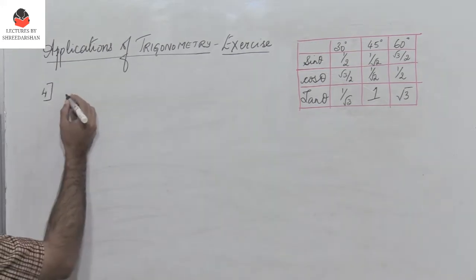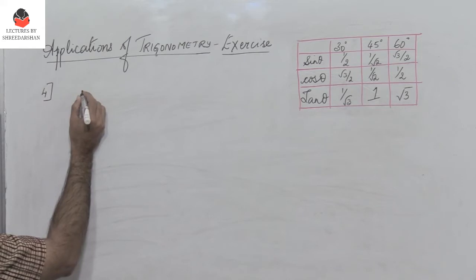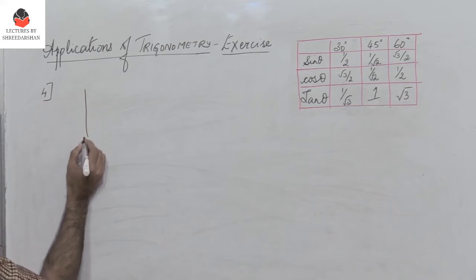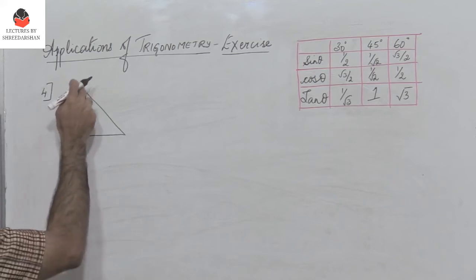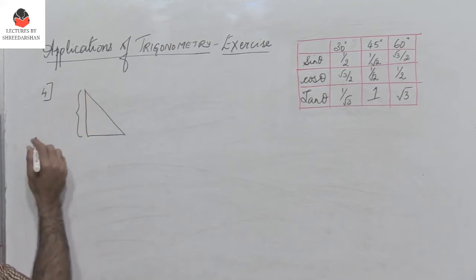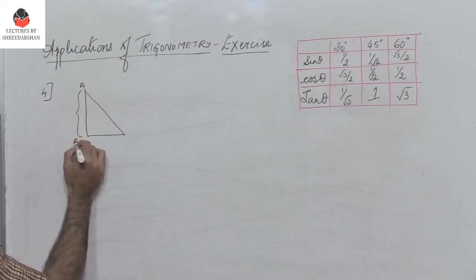The angle of elevation of the top of the tower from a point on the ground, which is 30 meters away from the foot of the tower, is 30 degrees. Find the height. So the angle of elevation of the top of the tower: let this be the tower and let this be AB.